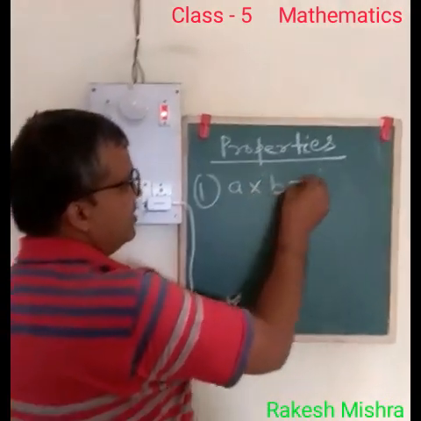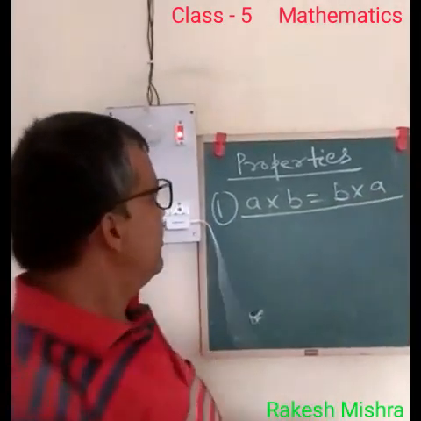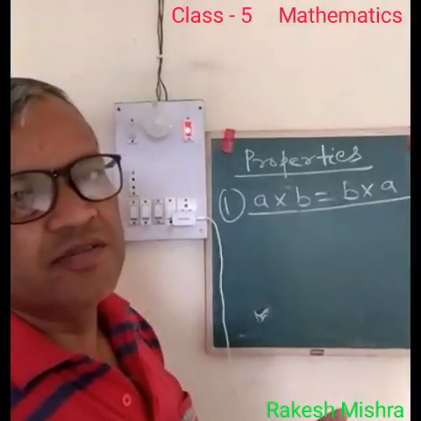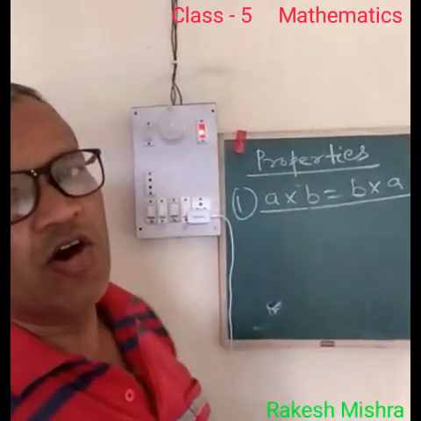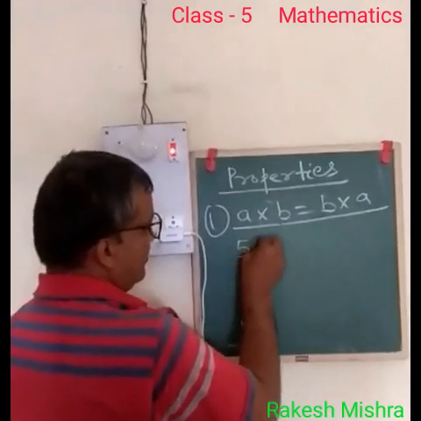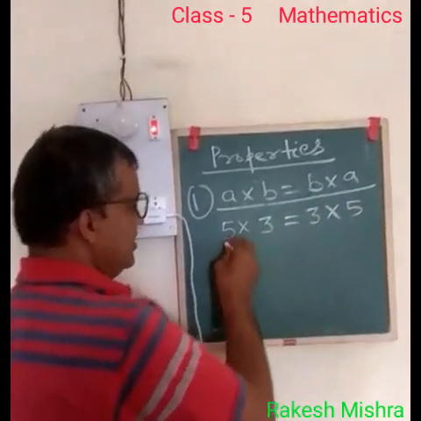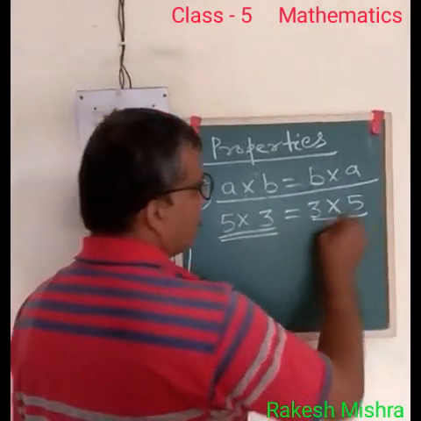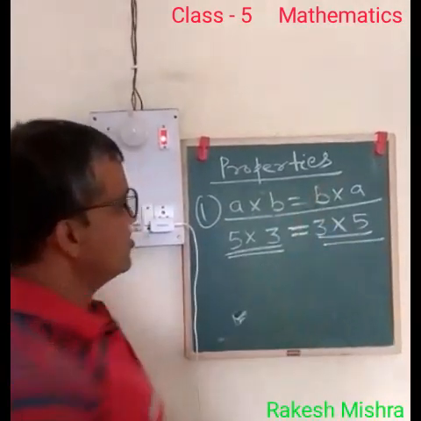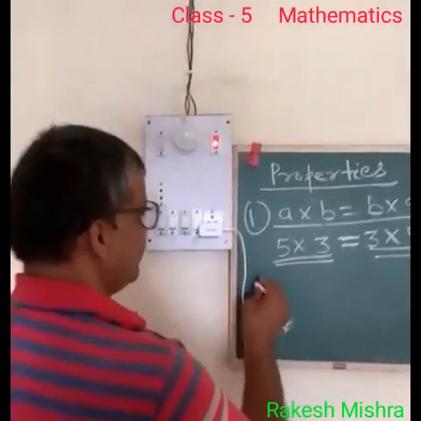A into B is equal to B into A. Here A and B are both whole numbers or integers. As for example, 5 into 3 is equal to 3 into 5. Result of this will be equal. This is called commutative property of multiplication.